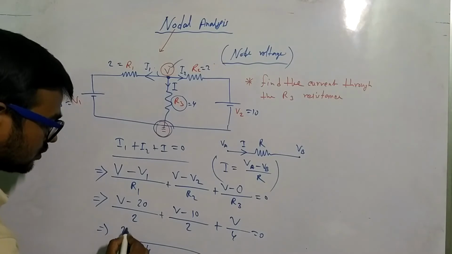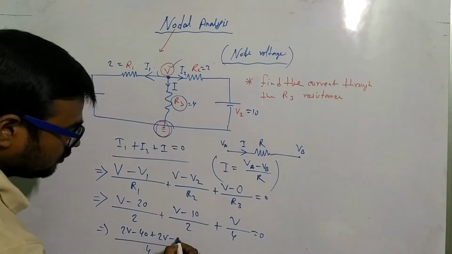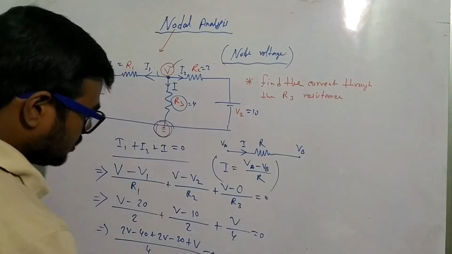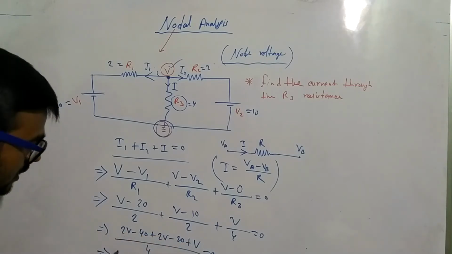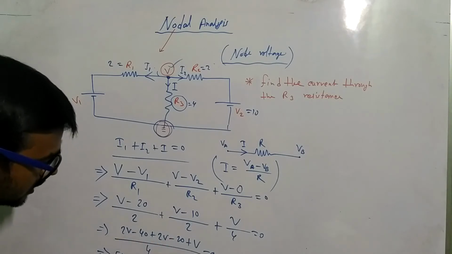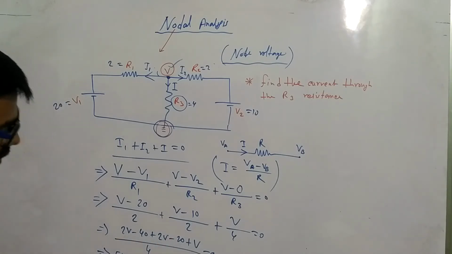So 2V, 40, 2V, 20, V equals 0, 5V equals 40, 60, so V equals 12 volt.